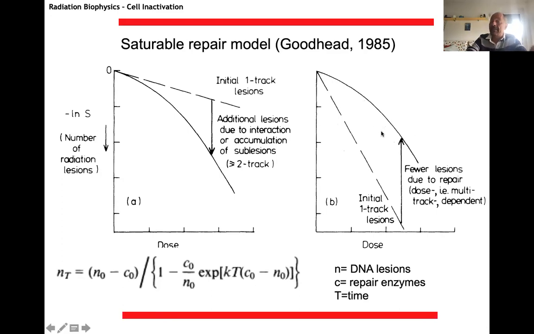And as we have seen, there is a limitation of the alpha-beta model, because it does not have the linear behavior at high dose. So it's an interesting hypothesis. Eventually, the number of lethal lesions is given by this equation, where T is the time and C is the number of repair enzymes. This is the new parameter, if you want: how many repair enzymes you have to do this repair. So that's also an interesting approach.